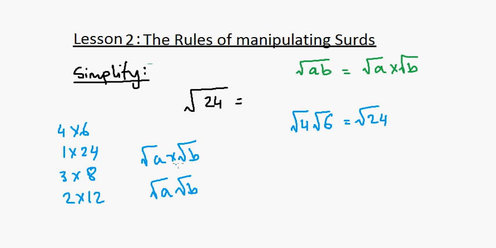Okay, so just forget about that now. So now we can simplify this. We don't know the square root of 6, and seeing as we're not allowed a calculator in the exam, the best choice was to choose root 4. So now this becomes 2 root 6 equals root 24, and this is the simplified version.